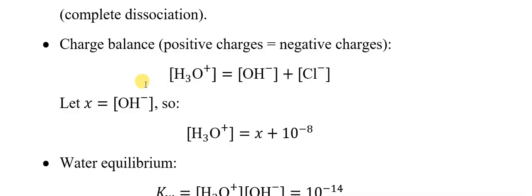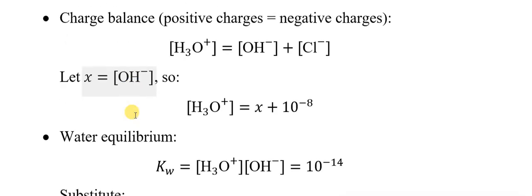Okay, number one. Number two, positive ions and negative ions should be equal. It means hydronium ion, the positive ion, should be equal to the hydroxyl ion plus chloride ions. We take the hydroxyl ion as X, that is the unknown concentration.